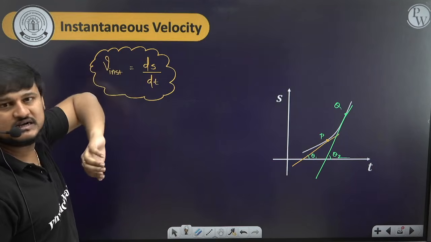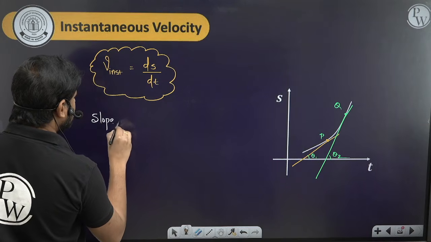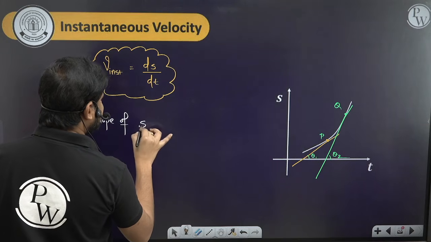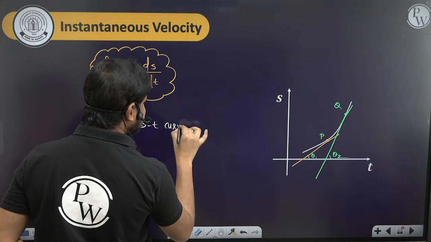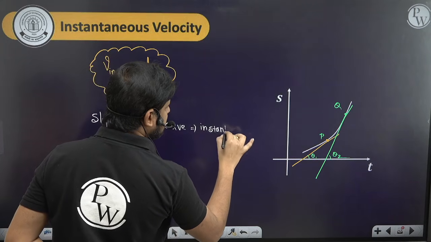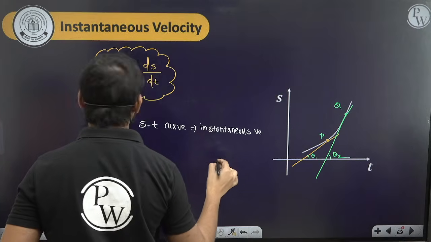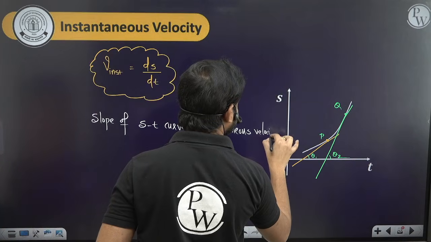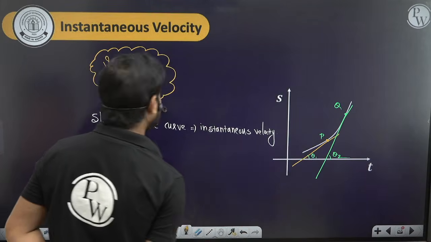So the instantaneous velocity is nothing but the differentiation of the distance, or we can say the slope of the ST curve. ST means displacement-time curve, and its slope results in the instantaneous velocity. At any point you can find it.